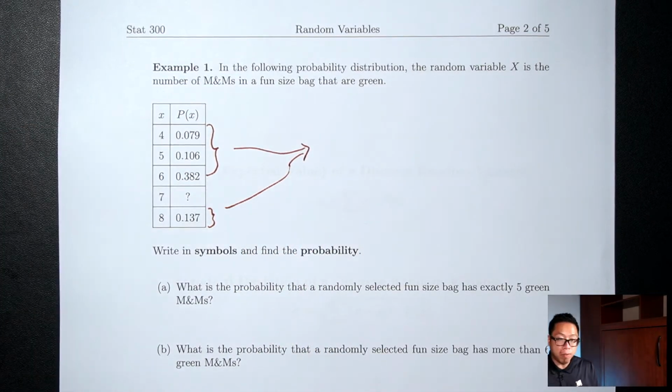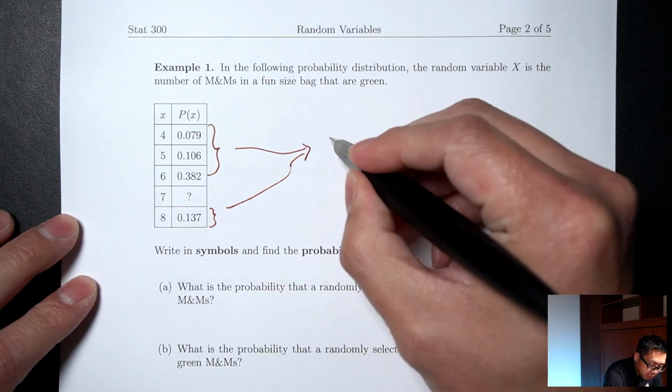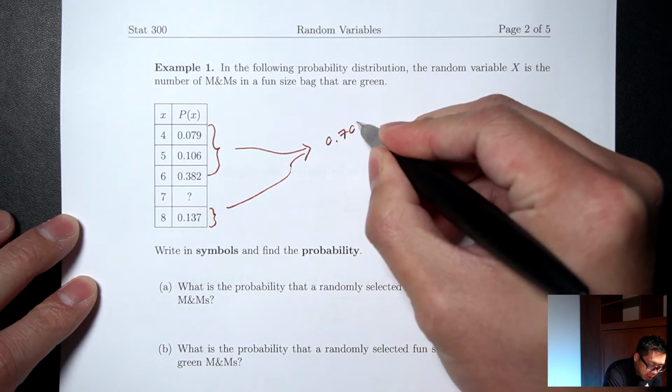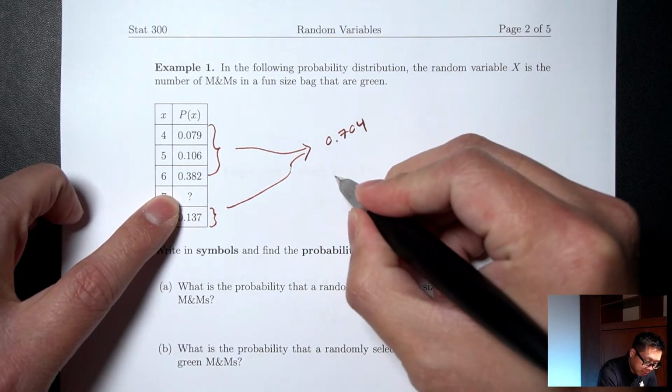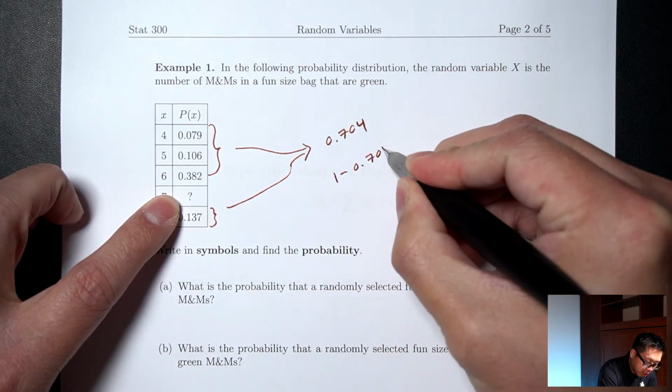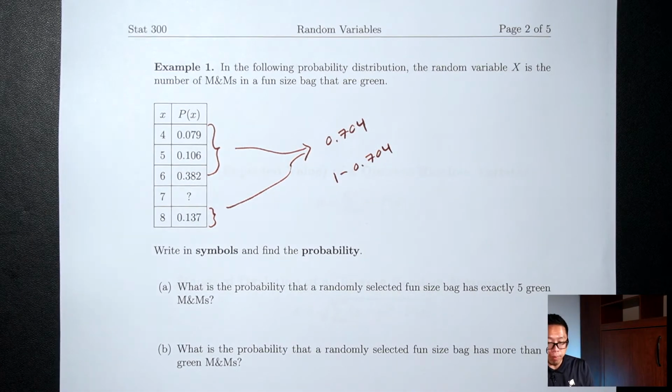So add what you have so far and you get 0.079 plus 0.106 plus 0.382 plus 0.137. And I get 0.704. And then to get the missing number, just do 1 minus that. So 1 minus 0.704, and I get 0.296.